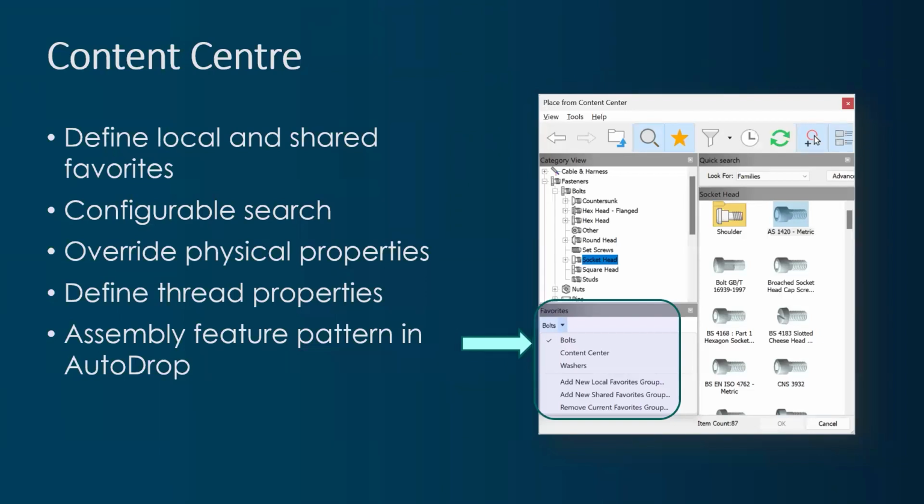Again, configuring Content Center is an area that we can certainly help with. There's quite a lot going on in this space, and obviously we can create our own libraries of specific bolts, nuts, or washers. You might have a mil spec bolt or something that isn't in the Content Center by default. The Content Center itself is towards 1 million parts now.